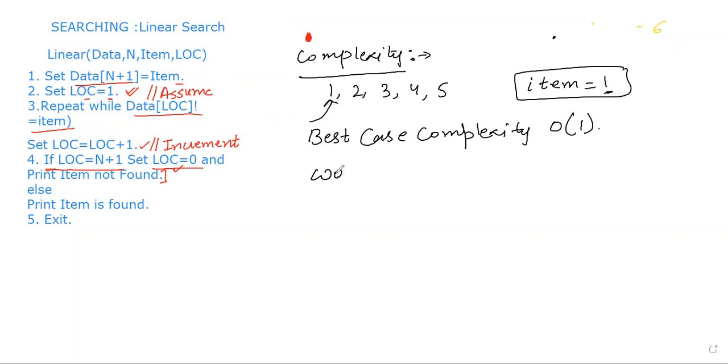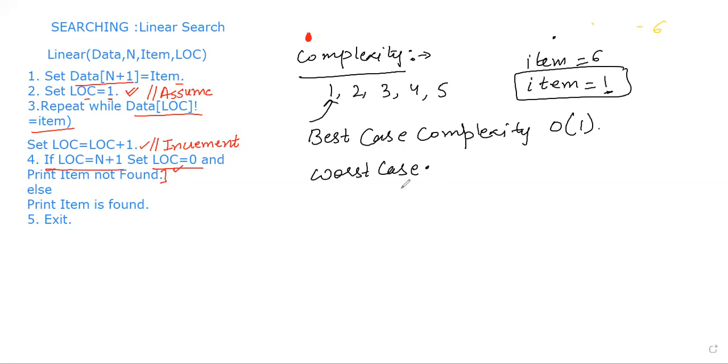The worst case complexity may be there when, let's assume that I am trying to find item equal to 6. Whenever I am trying to find item equal to 6, you can very well see that 6 is not present in the given data set. But your compiler by default will not see the way we humans can see. So it will compare it with each and every item present in your data set.